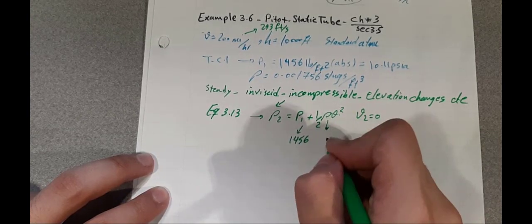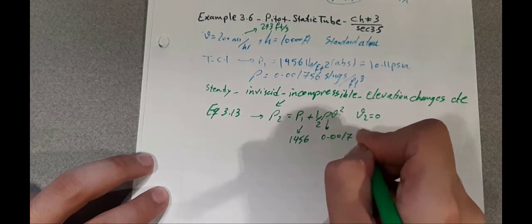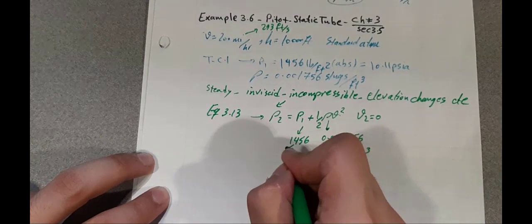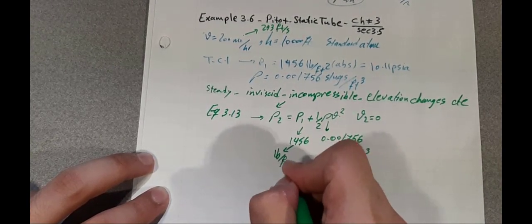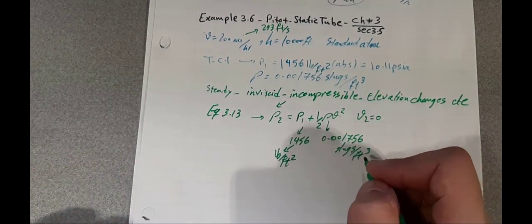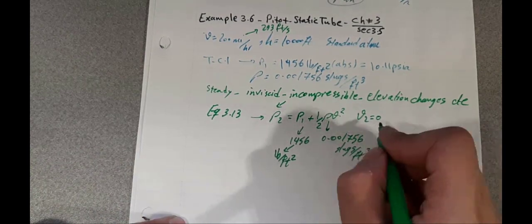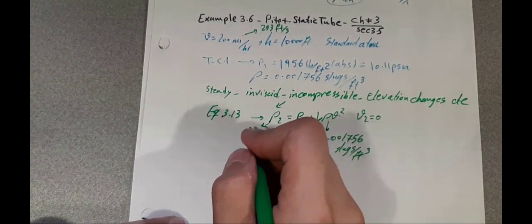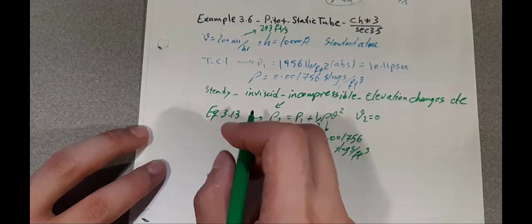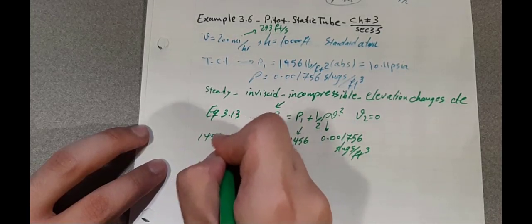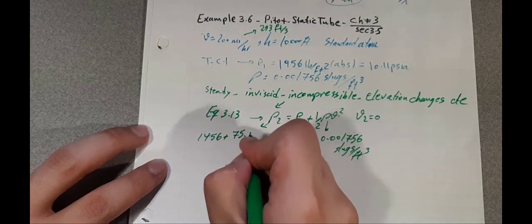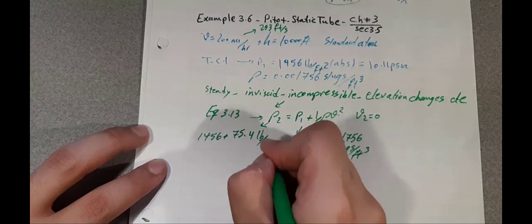Rho is 0.001756 slugs per cubic foot, divided by 2, then we can have P2 as 1,456 plus 75.4 pounds per square foot.